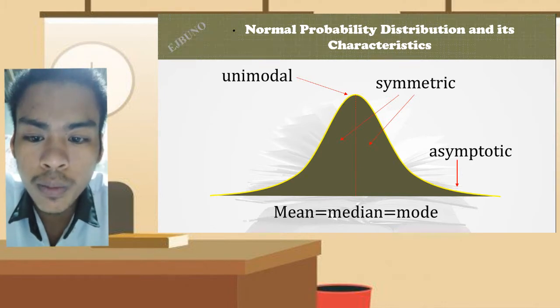The middle point of a normal distribution is the point with the maximum frequency, which means that it possesses the most observations of the variable. The midpoint is also the point where these three measures fall. The mean, median, and mode are all equal in a normal distribution.